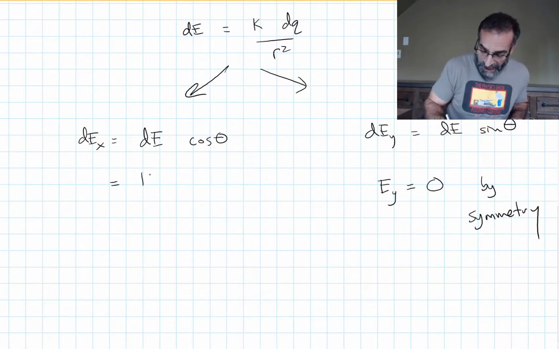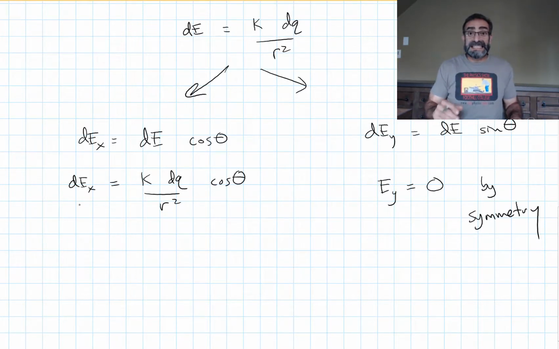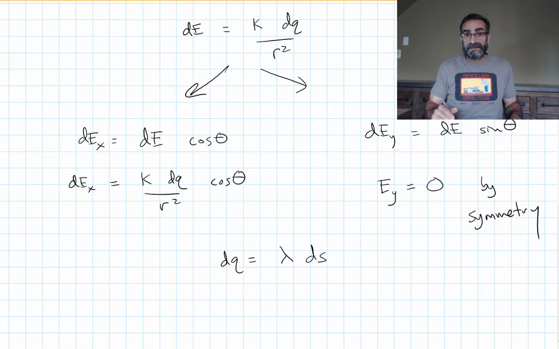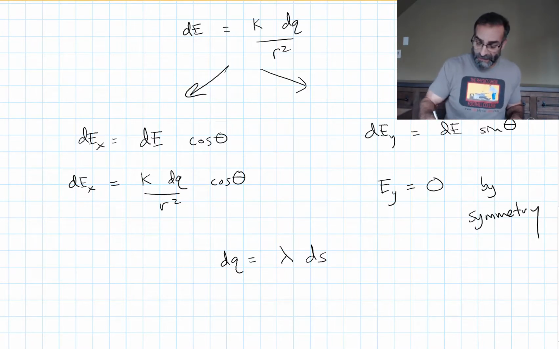We'll plug in dE as k dq over r squared. And now we want to figure out what dq is. dq is always lambda times our length element, ds. If lambda is constant, like it was in the previous lectures, then we could just plug in the total charge over the total length for lambda.